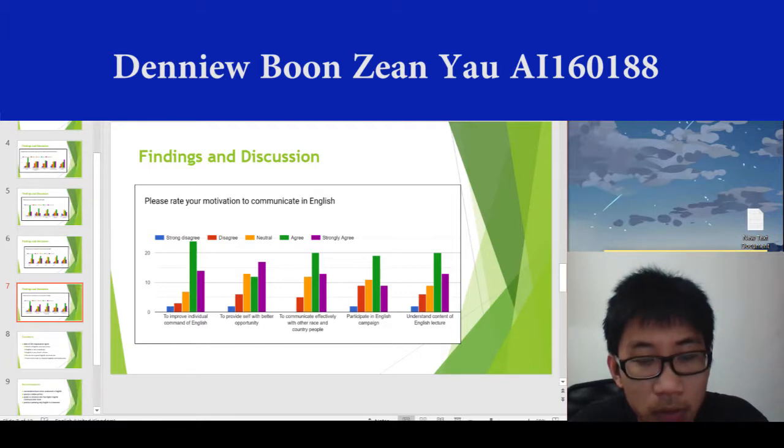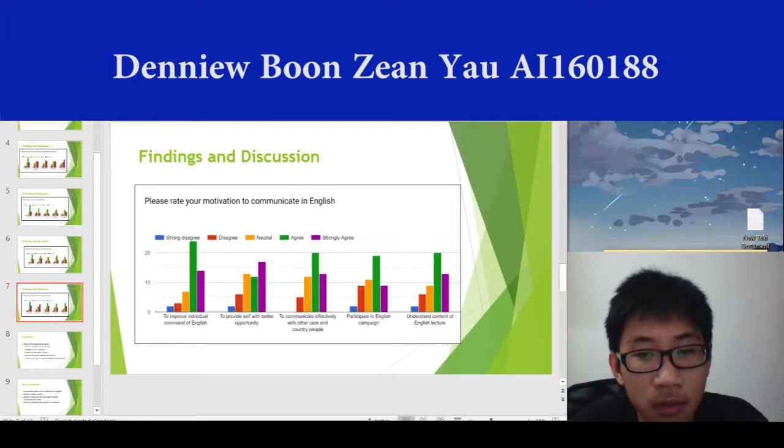So for the first criterion, to improve individual command of English, most of them agree and strongly agree. And for the second, to provide a better opportunity, they have the same opinion as the first one. And for the third, to communicate effectively with other races and countries' people, they have the same perspective.